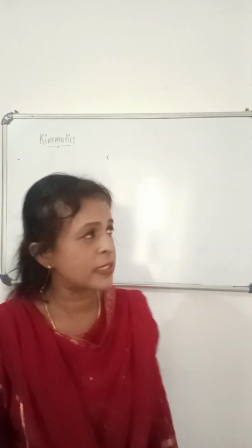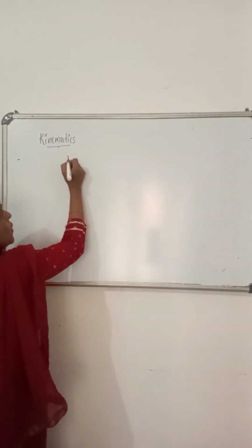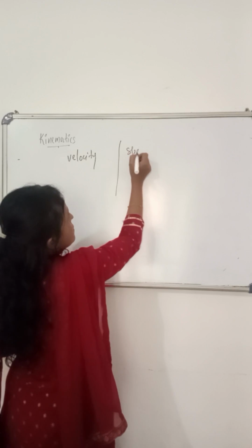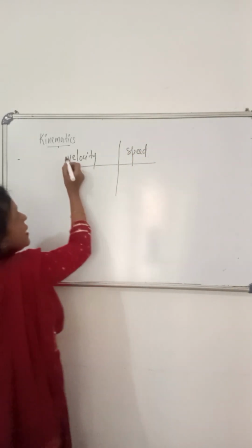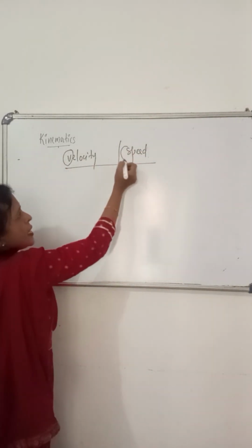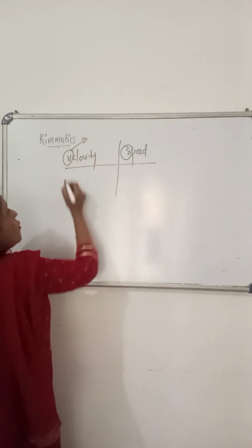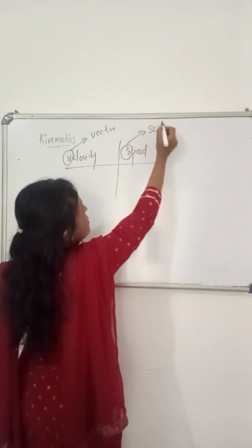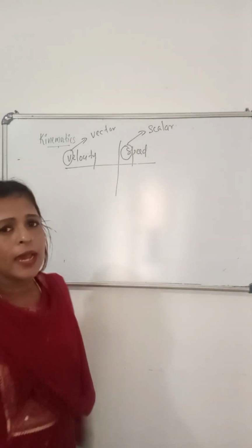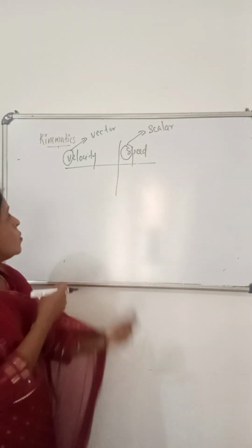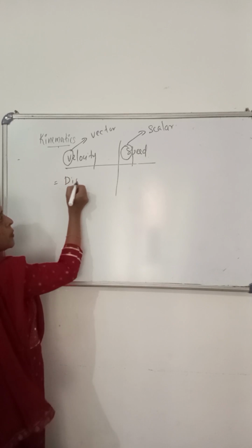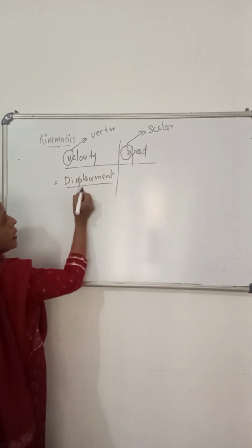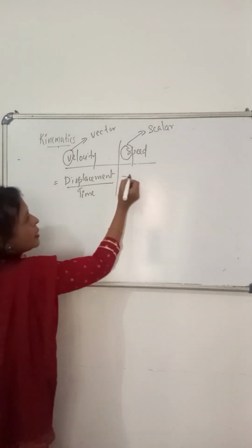These are the same things we need to find. Velocity, speed. Here V is for vector and S is for scalar. Velocity is equal to displacement by time. Speed is distance by time.